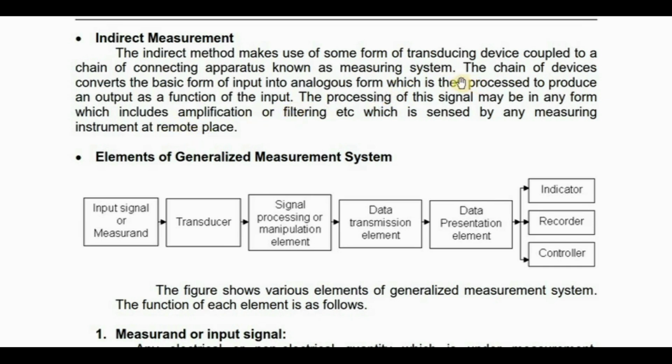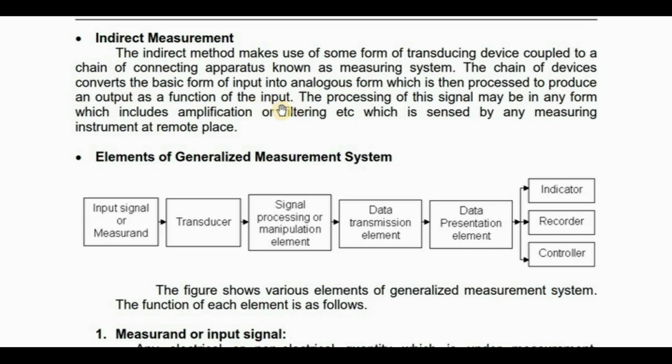Similarly, suppose you are measuring the speed in revolutions per minute, that speed, which is a basic form of input, will get converted to analogous form, means it will be converted into electrical voltage, then that electrical voltage will be processed further to produce an output again in the same form, revolutions per minute.